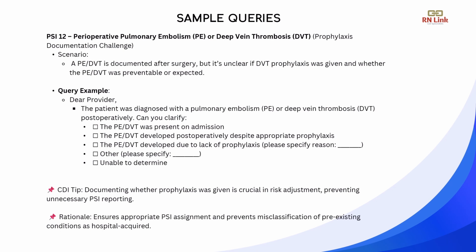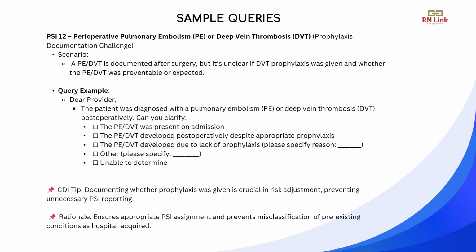Can you clarify? The PE/DVT was present on admission. The PE/DVT developed postoperatively despite appropriate prophylaxis. The PE/DVT developed due to lack of prophylaxis, please specify reason. Other, please specify. Unable to determine.